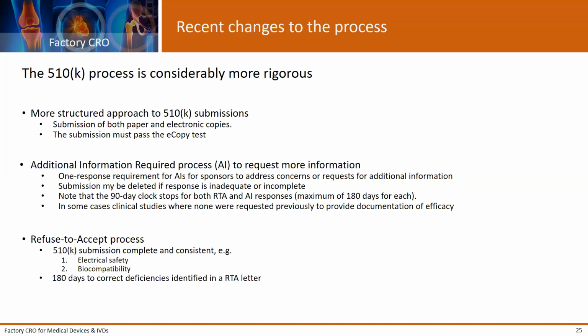The refuse to accept process: they first review if your application is complete and consistent, if all the items are there regarding electrical safety and biocompatibility. They will inform you by sending a letter that the file is accepted and is ready for review.